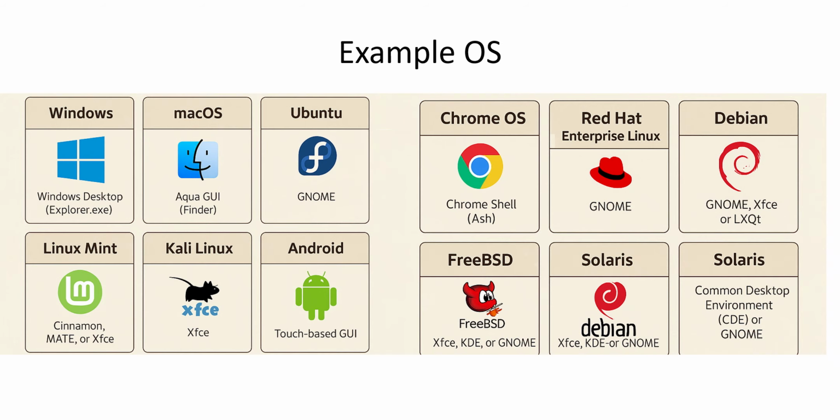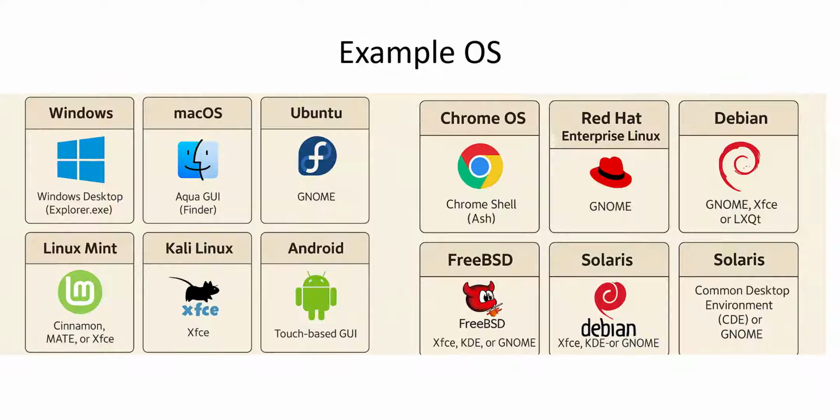Just so this doesn't feel abstract, here are some operating systems you have probably used or at least heard of. On the desktop side, we have Windows, macOS, and various Linux distributions like Ubuntu, Linux Mint, and Kali Linux, along with Android for mobile devices. On the enterprise and server side, we have Chrome OS, Red Hat Enterprise Linux, Debian, FreeBSD, and Solaris.